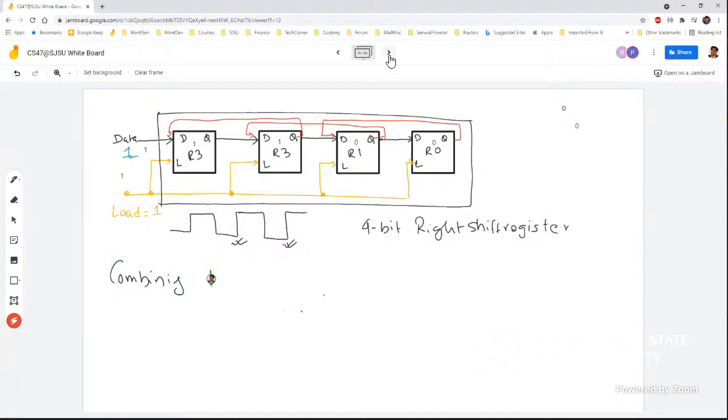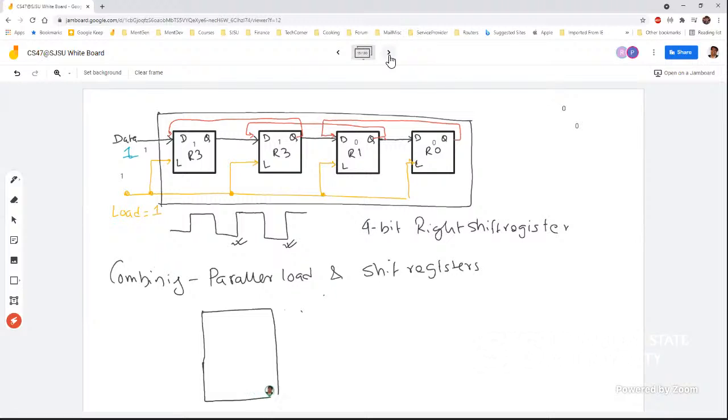So in that way, by combining parallel load and shift registers, we can ultimately have a component with, let's say, 4-bit parallel load and parallel out. We can also have what we call a scan in, the single data for this shift scenario.